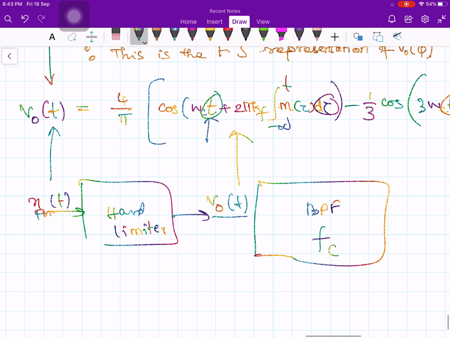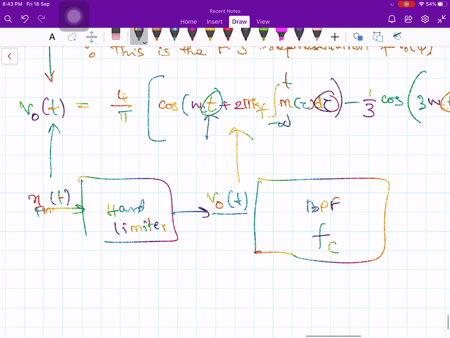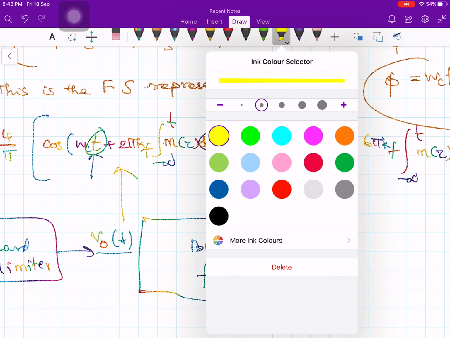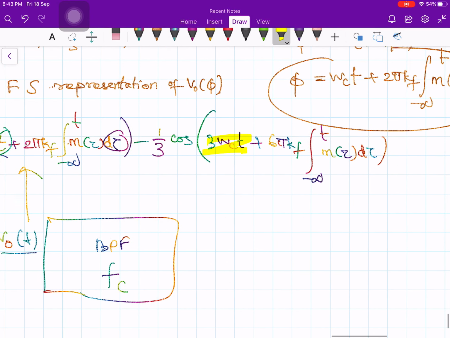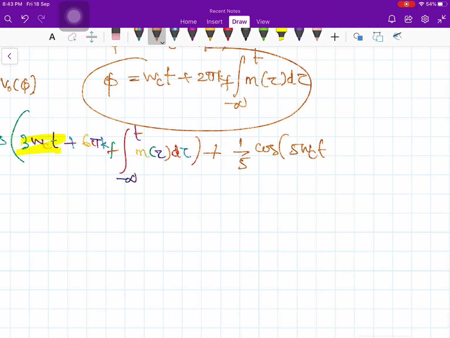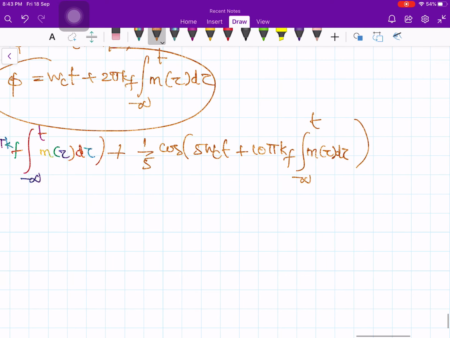All other components of the Fourier series, 3 omega ct, and let me write down one more term, plus 1 by 5 cos of 5 omega ct plus 10 pi kf integral from minus infinity to t of m of tau d tau, minus and so on.